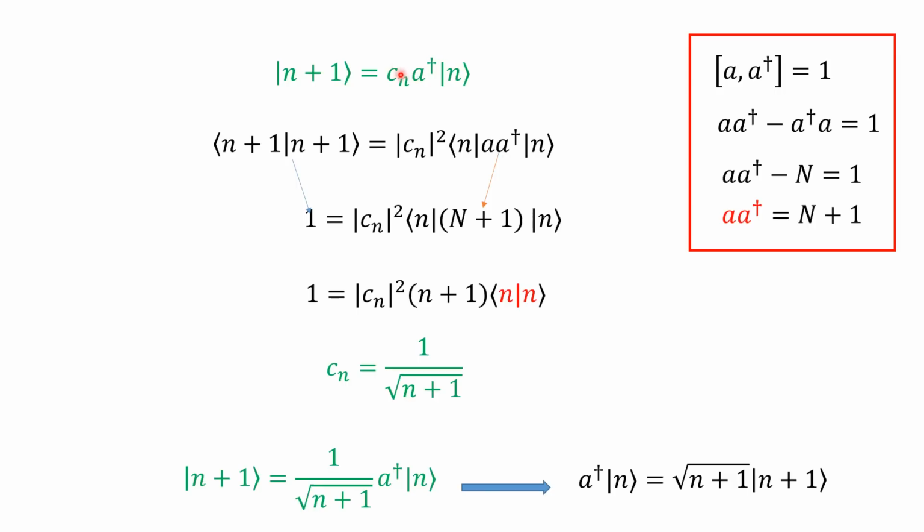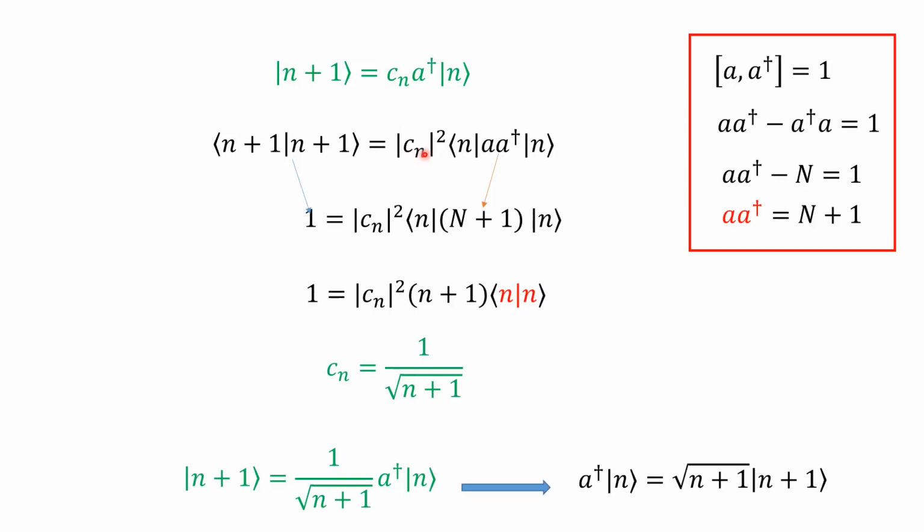Of course, with expansion coefficient Cn, that is probability amplitude Cn. Now you take an inner product with n plus 1 on the left hand side as well as the right hand side. So when you take the inner product, this is a number.